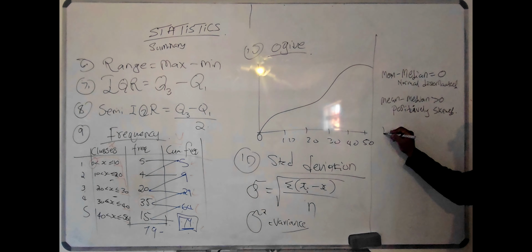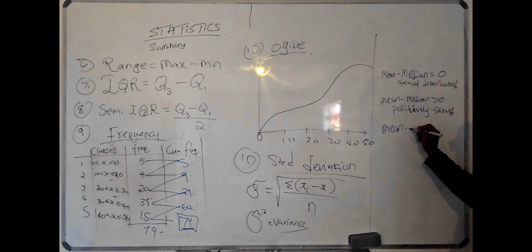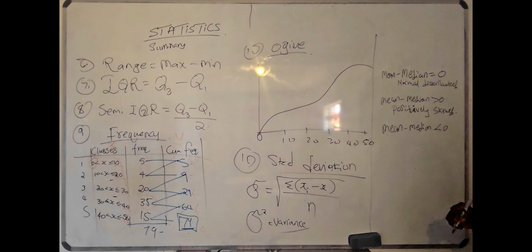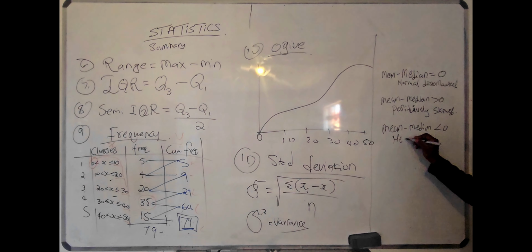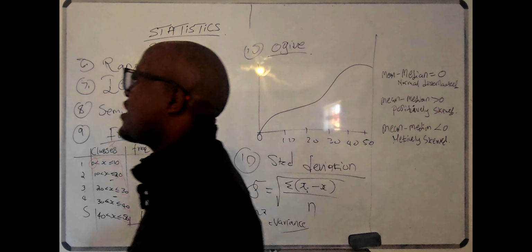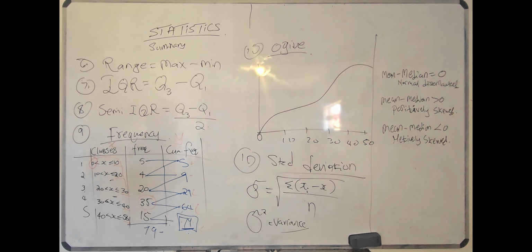And when the mean minus median is less than 0, this is negatively skewed. You can also see it on the box and whisker, but this is another way of checking, another tool. You can just double check your answer.